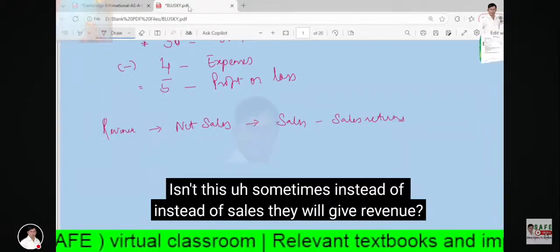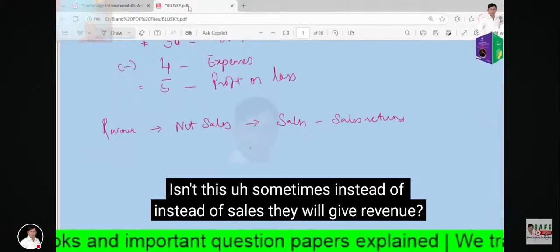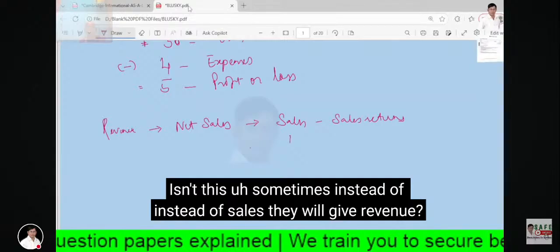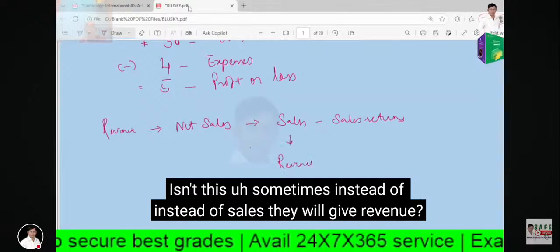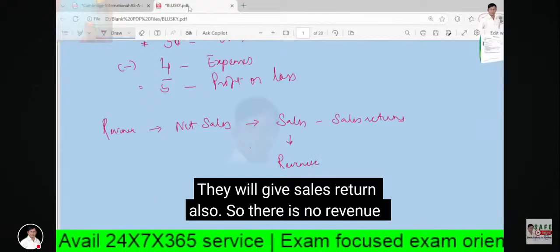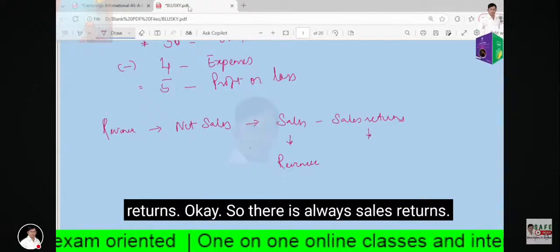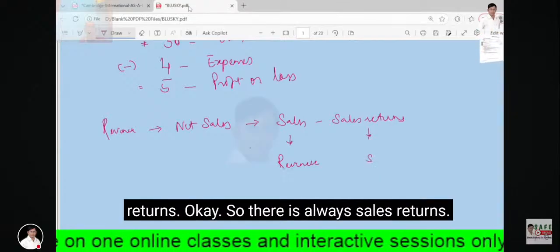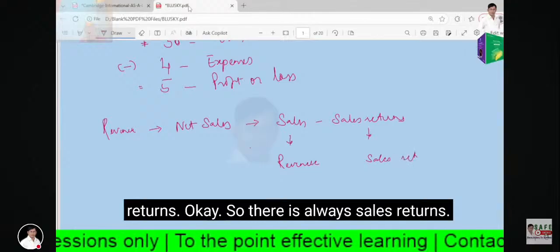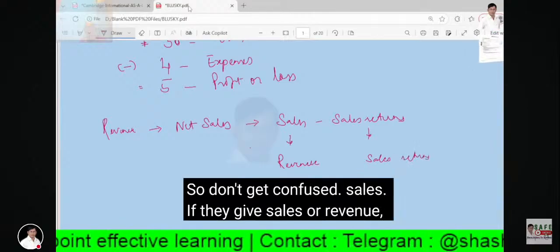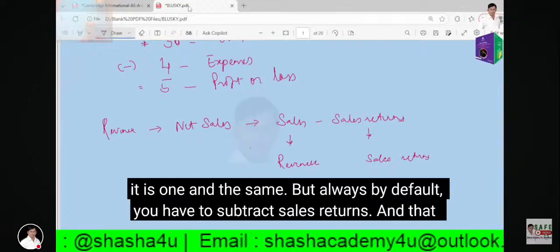Sometimes, instead of sales, they will give revenue. They will give sales returns also, but there are no revenue returns; there are always sales returns. So don't get confused. If they give sales or revenue, it is one and the same.